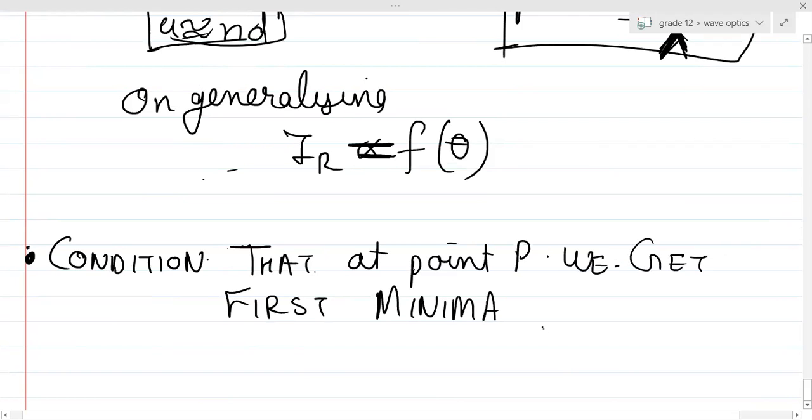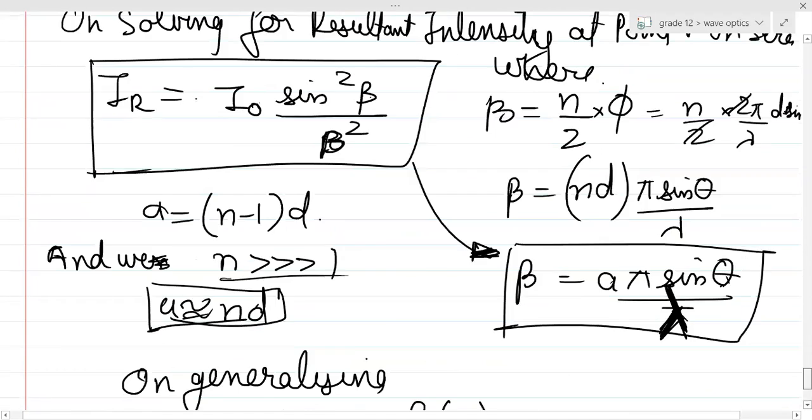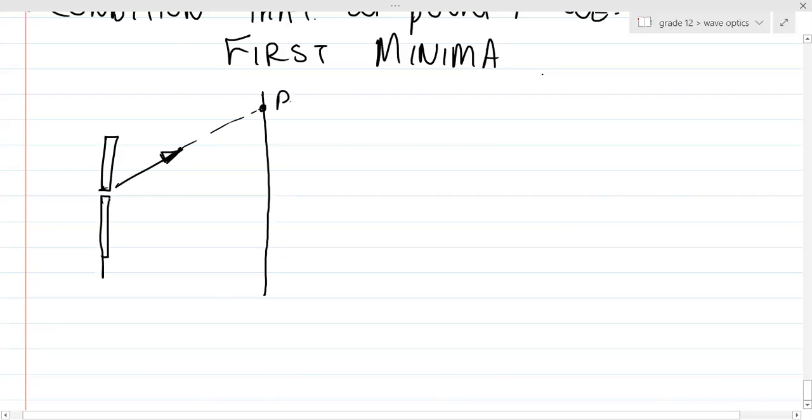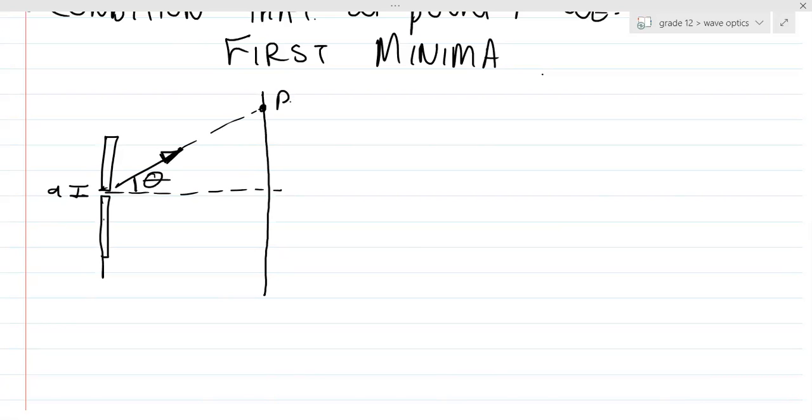So I'm talking about the condition where at point P we get a minima. The slit width is equal to a and this angle is theta, right? So guys, I want the condition for minima at a particular point.